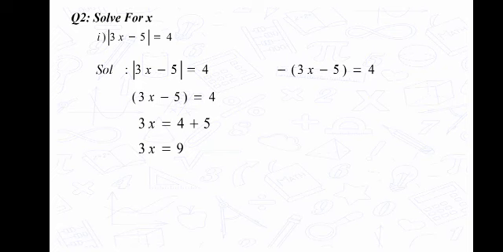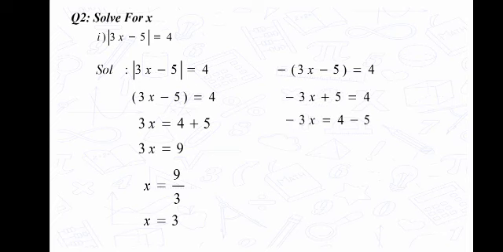So 3x is equal to 4 plus 5, 3x is equal to 9. 3 is multiplying here. When it moves to the other side, it divides 9. So x is equal to 9 by 3, and 3 times 3 is 9, so x is equal to 3 is the answer of the first equation.